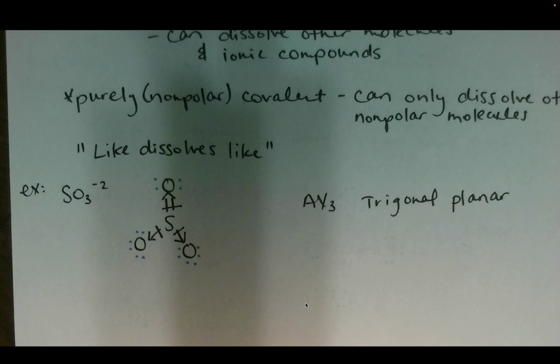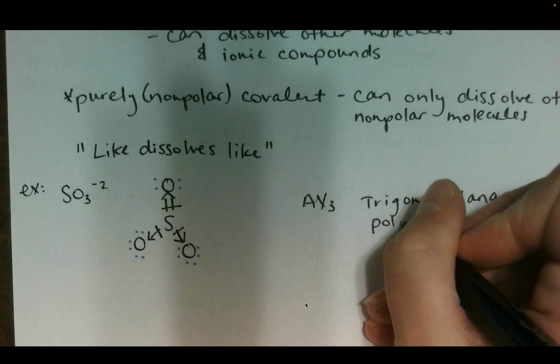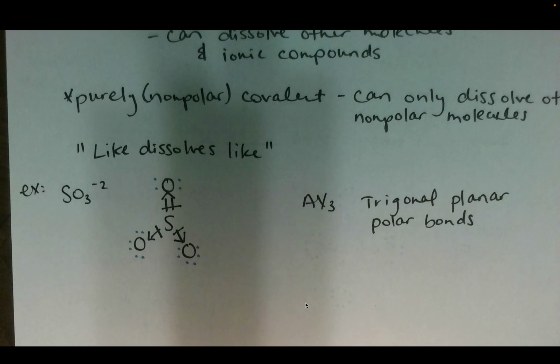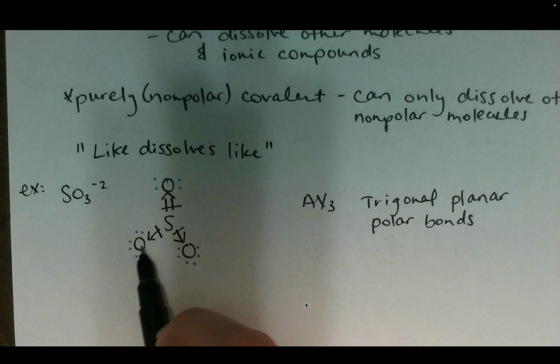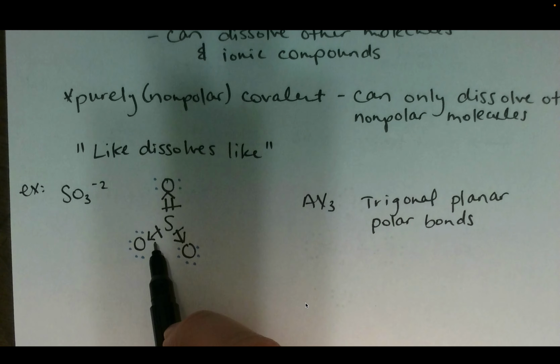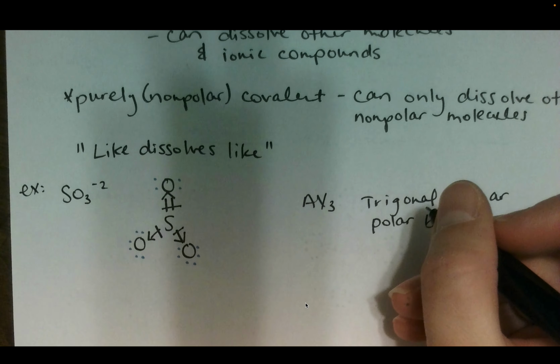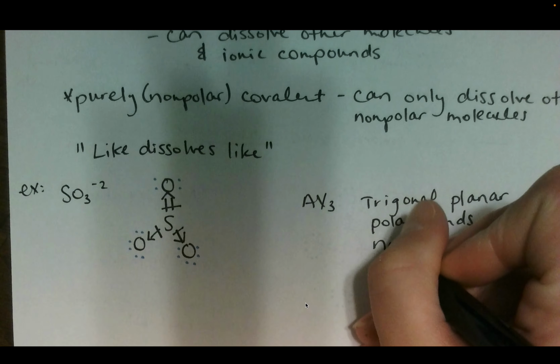Do I have polar bonds or not? Yes, I have polar bonds. Do I have a polar molecule? This one gets a little bit tricky because I have things pulling in 3 different directions. But if you were to work out the X and Y pulls of each of these, you would end up canceling each other out. So this is a nonpolar molecule.